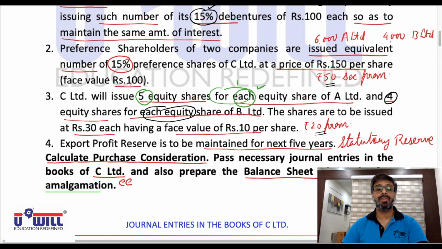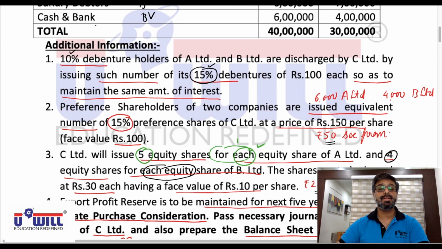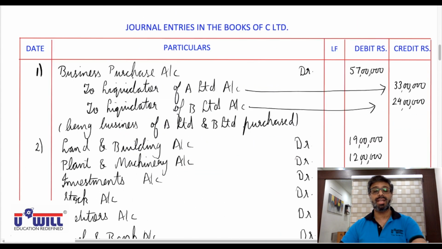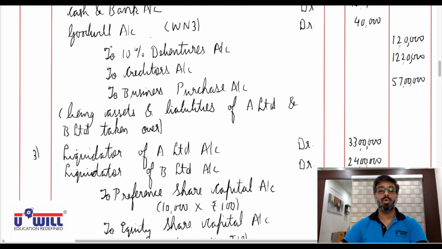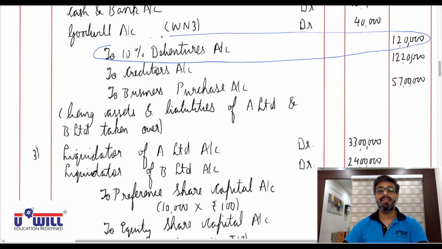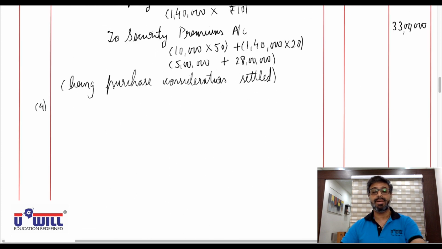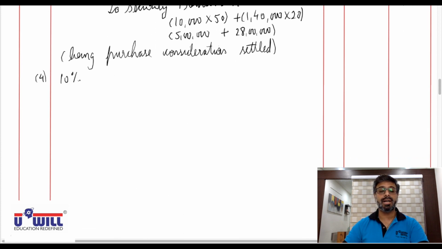Now directly seventh entry, settlement of liabilities. Here you all can see 10% debentures. We are giving them 15% debentures, and we have already done the calculations for that also. So old debentures liabilities 10% we have to close and debit. This 10% debentures account, which was at an agreed value of 1,20,000, we have to close and debit with the same value that you credited in the second entry, 1,20,000.